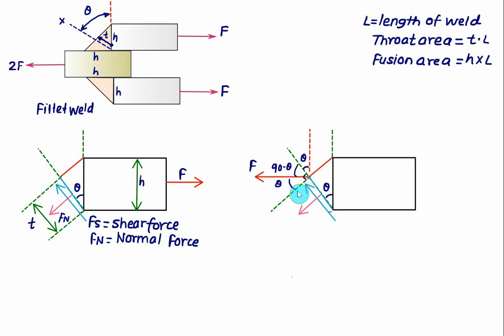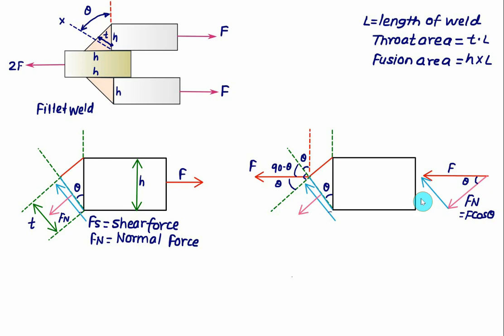So this component will be cos and the other component will be sine. So as per our resolution, this force is equal to F. It makes an angle of theta with the horizontal. Then this component will be our normal component Fn, which is equal to F cos theta.